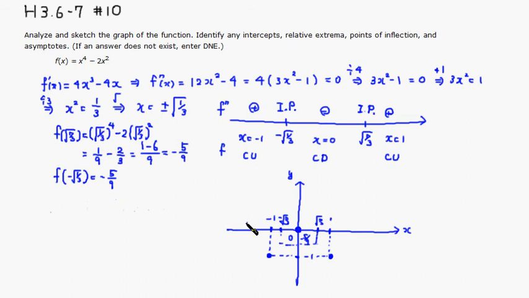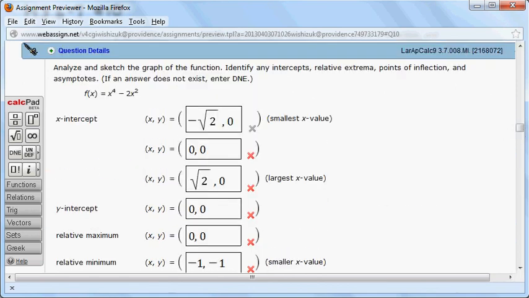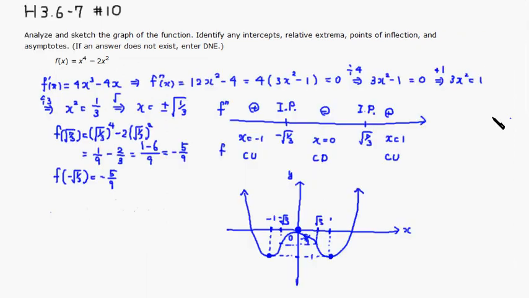So you can see that you're going to have a concave up shape here, a concave down shape between, and a concave up shape like that. And the x-intercepts, I forgot, are plus or minus square root of 2. So this is square root of 2 here, and this is negative square root of 2 there.